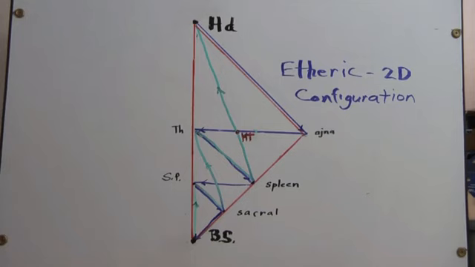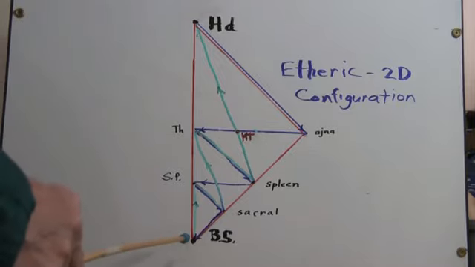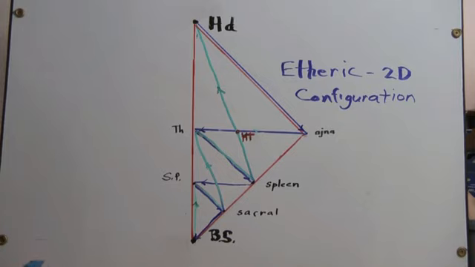Next, trace the following etheric triangle in the air in front of your heart space. Tracing the etheric heart space. Start from the head down to the base of spine, go over to the ajna, down to the base of spine.